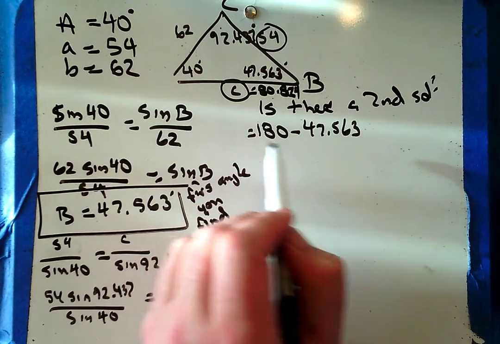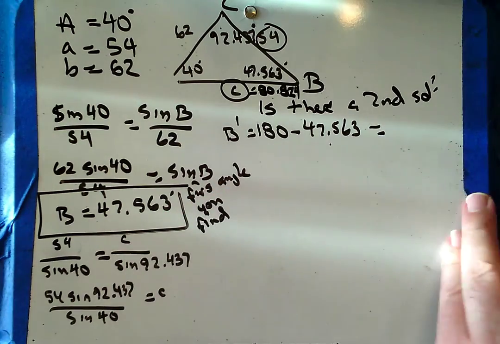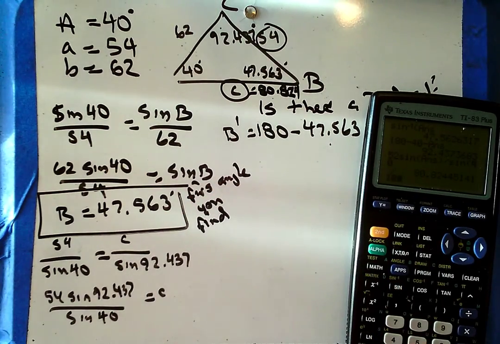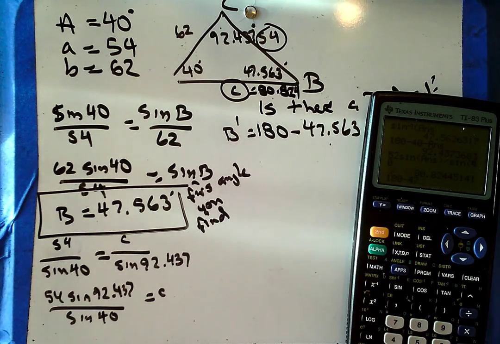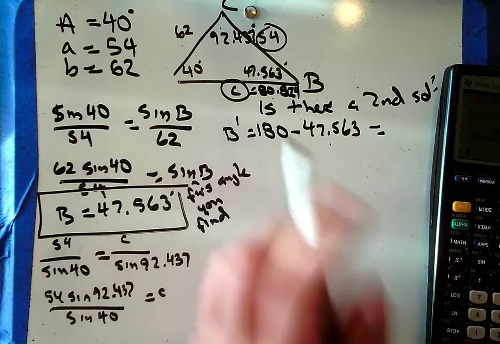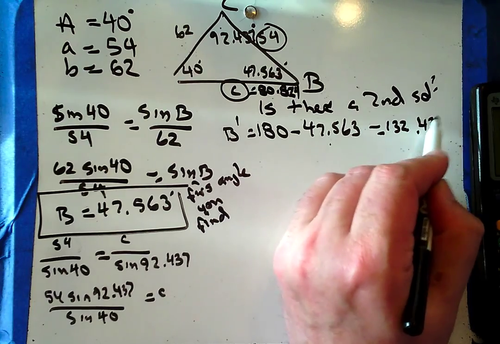We're going to call that angle, since this was B, we're going to call this B prime. And so we get 180 minus that angle, 47.563. And I get 132.437 degrees.